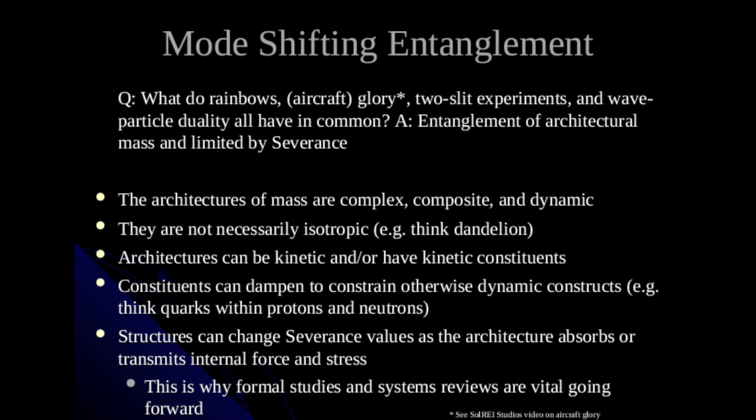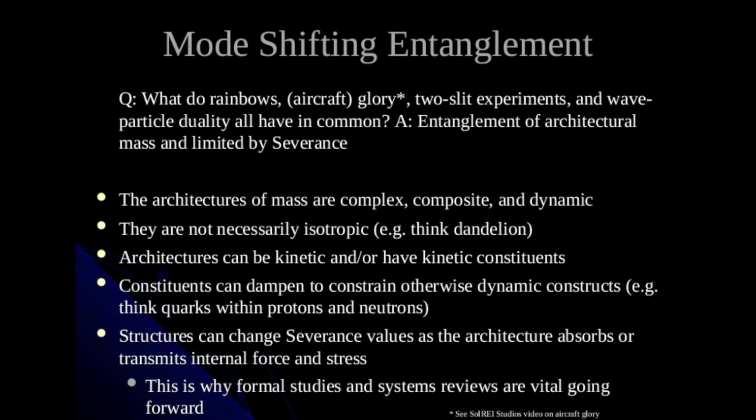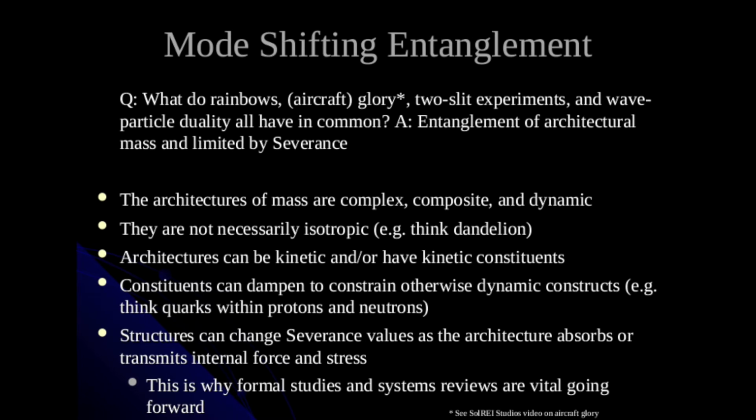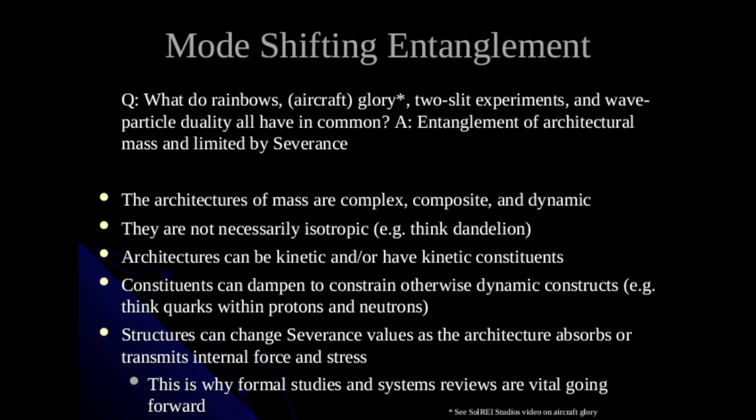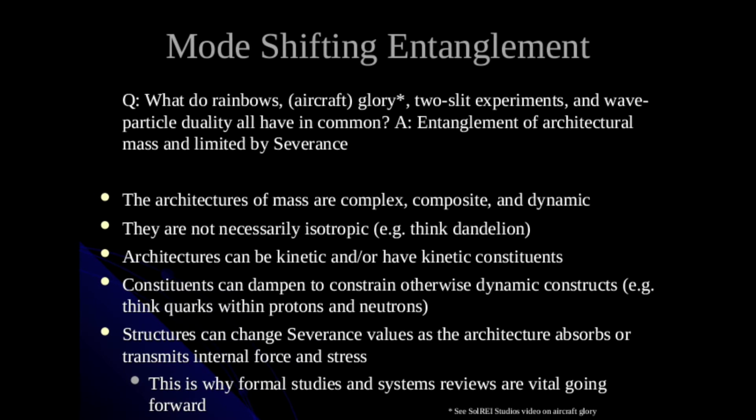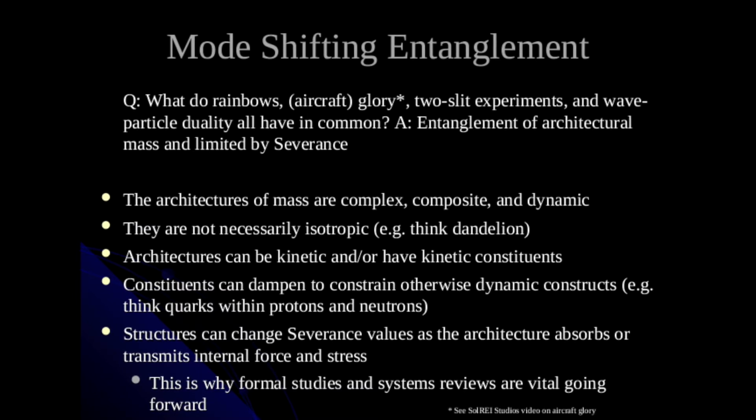Structures can change severance values as architecture absorbs or transmits internal force and stress. The example here is something that a lot of the engineering schools around the country, around the world actually, will do. They'll ask students to build boats out of concrete, or they'll say build a bridge out of soda straws or popsicle sticks or toothpicks.